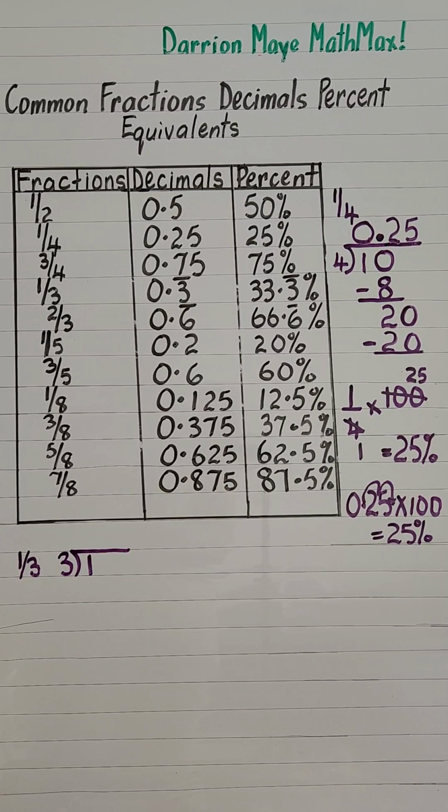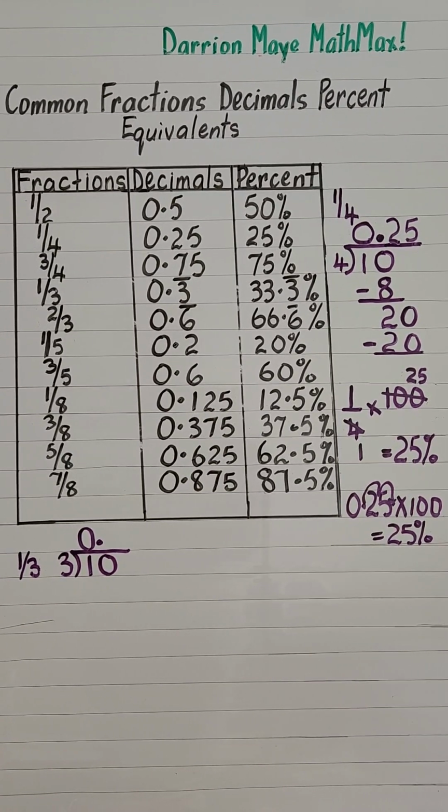It's 0 times, so we're going to put a point in the answer and add a 0 to make that 10. Now, how many times can 3 go into 10? It's 3 times. 3 times 3, 9. And we subtract. 10 take away 9 is equal to 1.